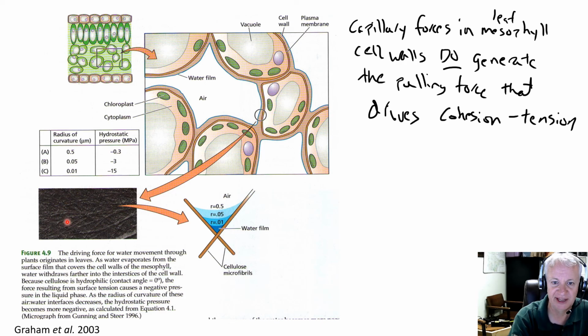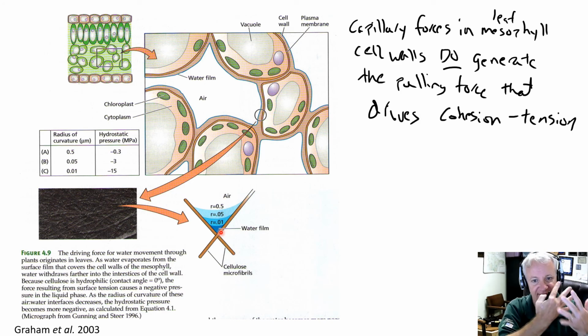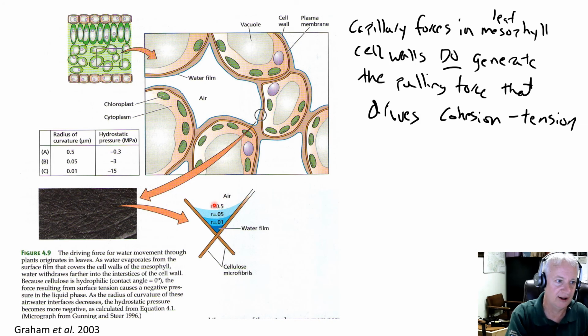It should look familiar. I've showed you images of cell walls, which are just a bunch of cellulose microfibrils laid down across each other to make that cell wall. Now we're zooming in even more, showing just two cellulose microfibrils where they cross in that cell wall. Those two cellulose microfibrils make a little pocket.